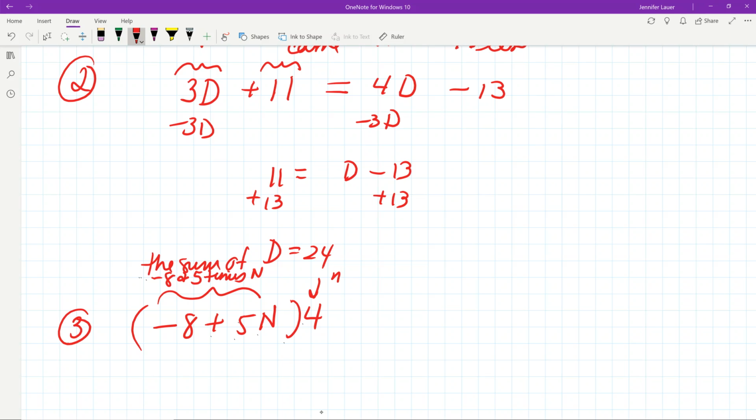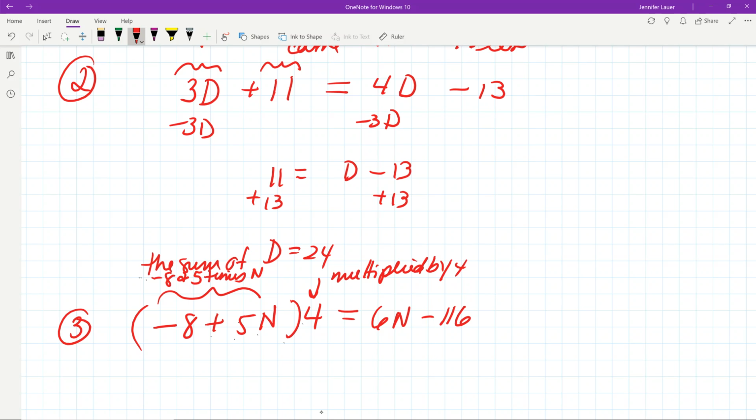This right here is multiplied by 4. And then it says the result, again, that's going to be the equal sign, is 116 less than 6 times a number.